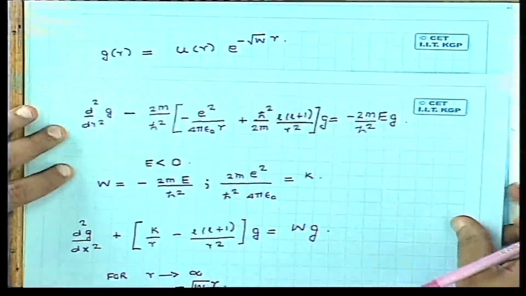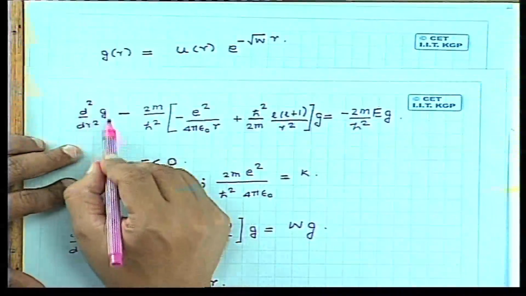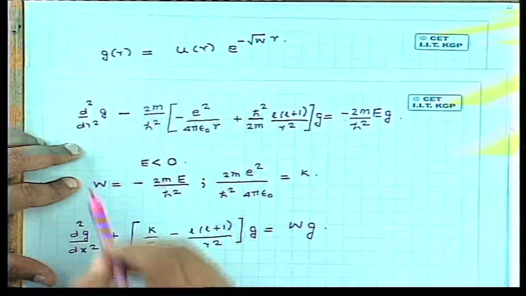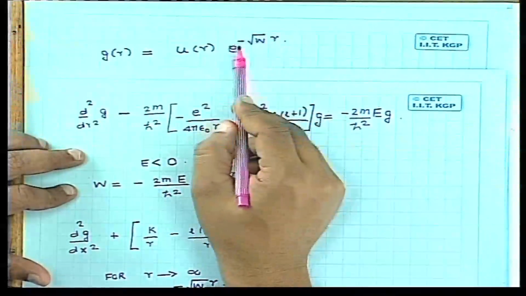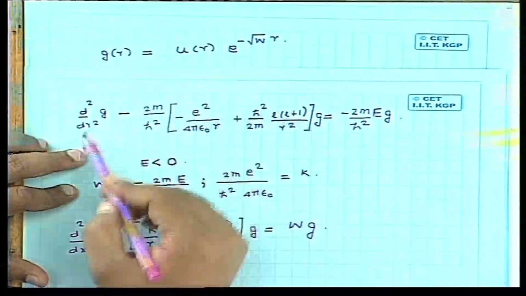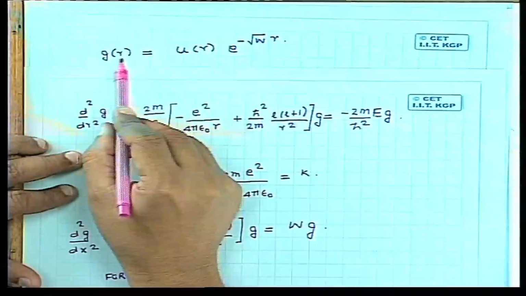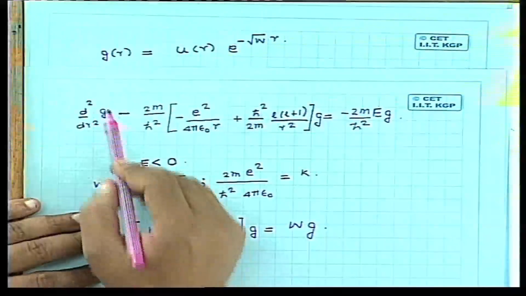So we have to first calculate the double derivative of g and use it here, and then we can cancel out this e to the power minus square root of W r throughout. So let us first calculate the double derivative of g, which will arise here.